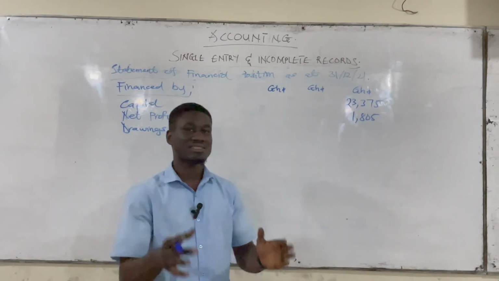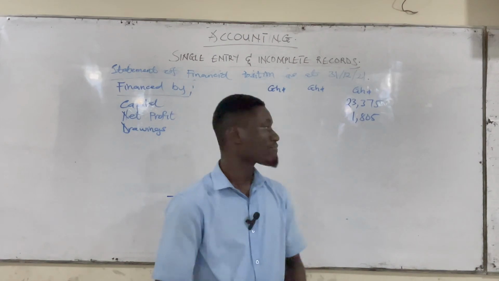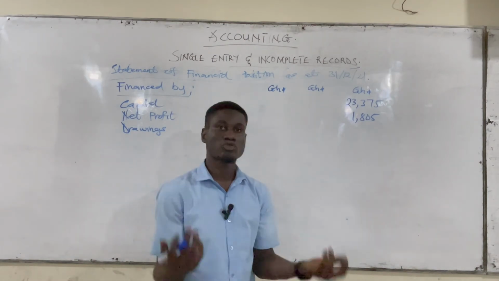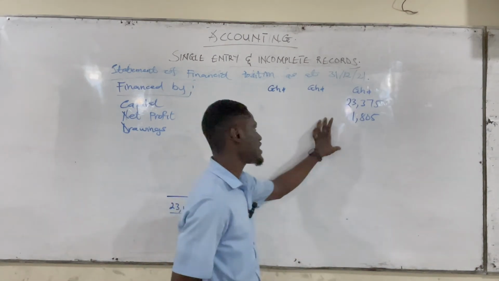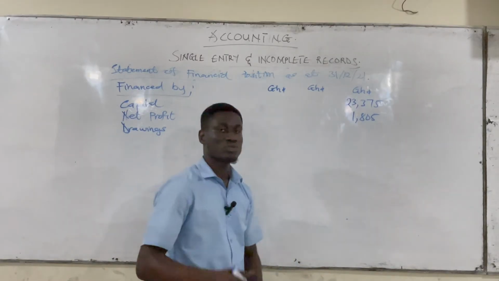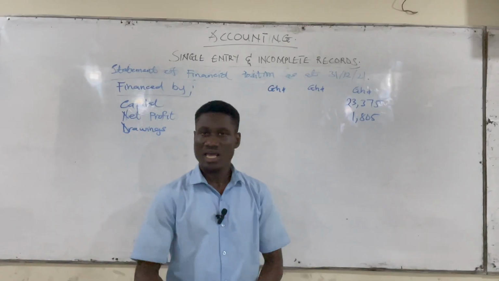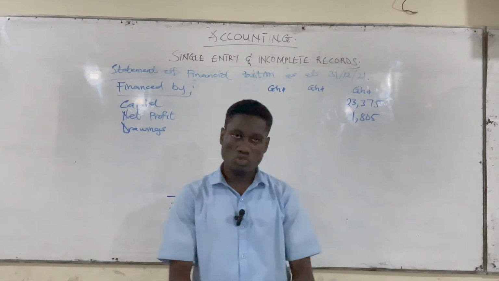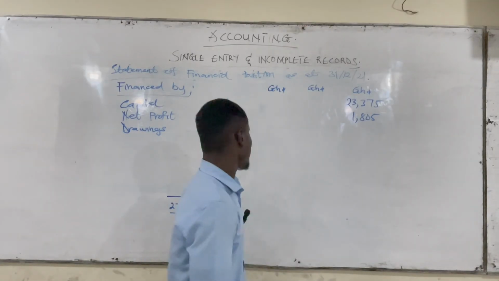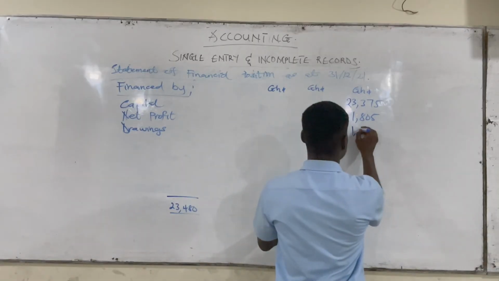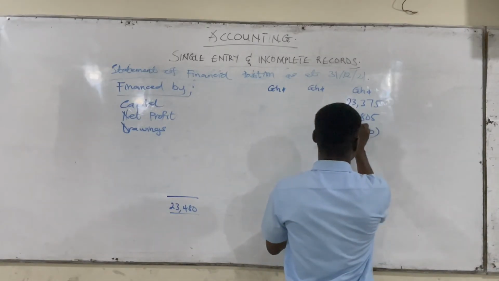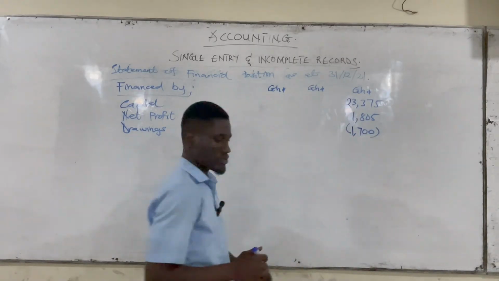So you are going to add that cash drawings to the goods drawings to get our total drawings. So that's what we will less from this amount. So 1,200, which is the cash drawings, plus 500, which is the goods drawings, we are going to get 1,700, which is our drawings.